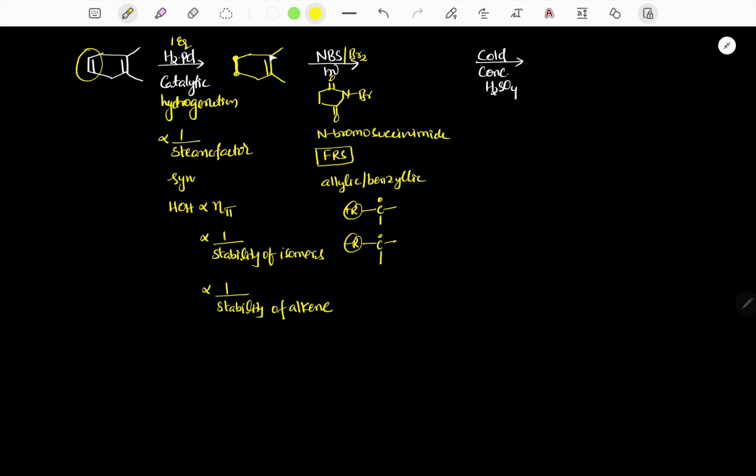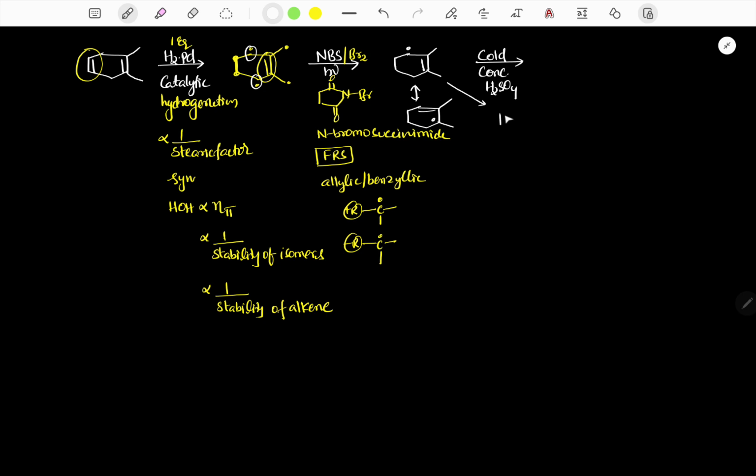In this case, an alkene is present. Therefore, four radical possibilities are there. Among those four, these two are stable radicals and both are the same. That's why I am writing the corresponding stable radical. And of course, once a radical is formed, resonance is also possible. So because of resonance, we get another.